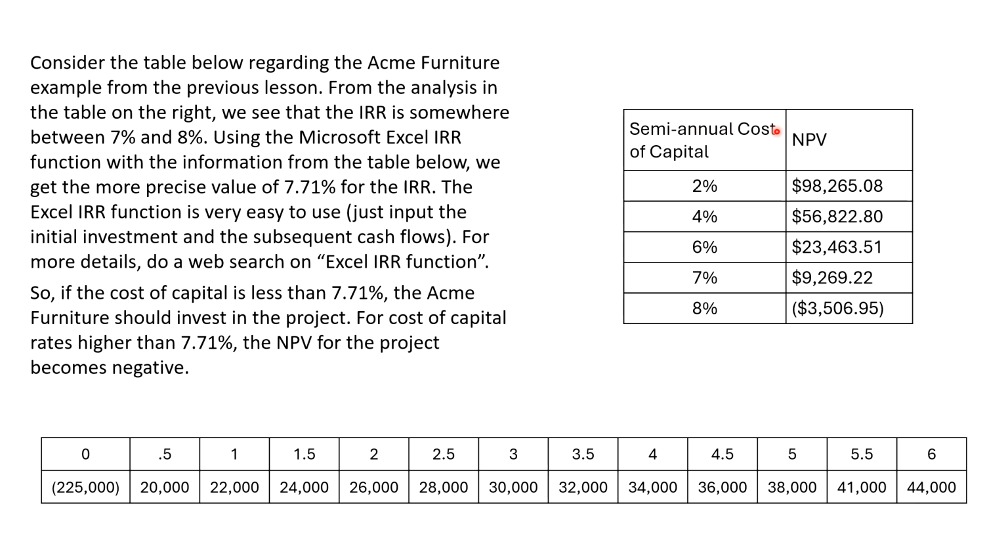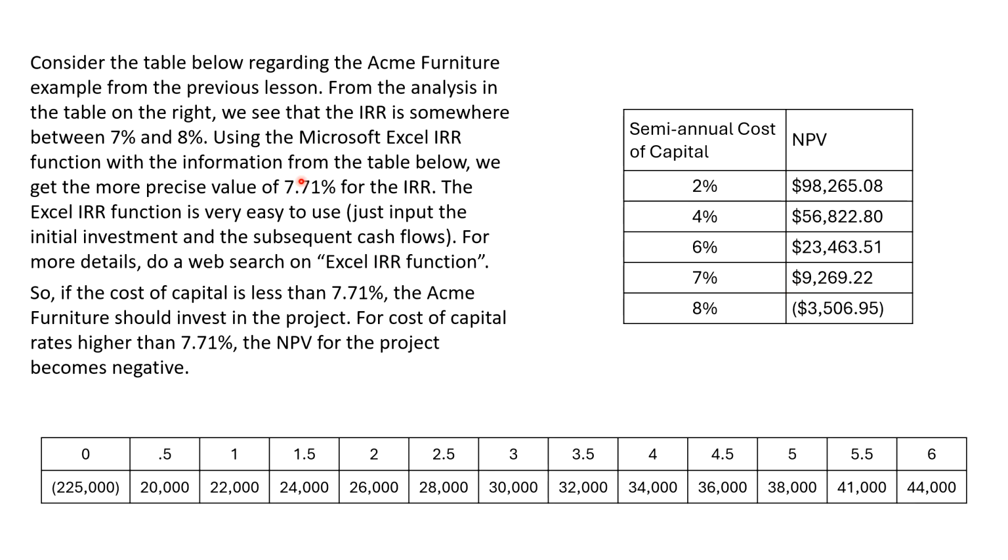It showed the semi-annual cost of capital, and we concluded that at 7%, it still had a positive NPV, but if they thought the risk was equivalent to 8%, some external investment, then it would make more sense to go with that external investment rather than invest in their furniture company, because we want positive NPV. And at the time I said, well, somewhere between 7 and 8%, we hit zero. And that's the IRR.